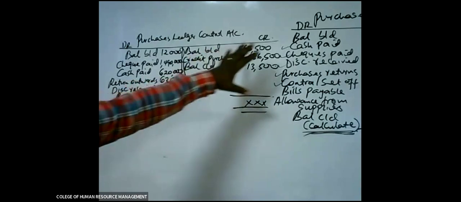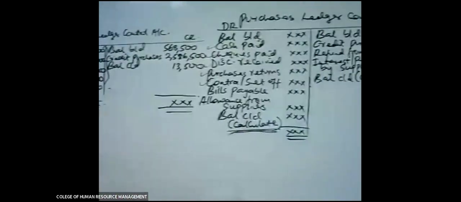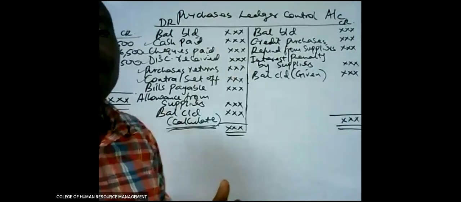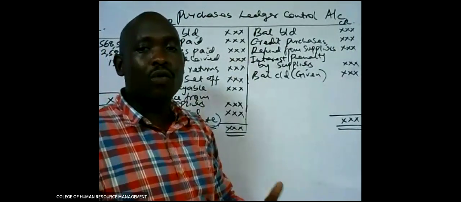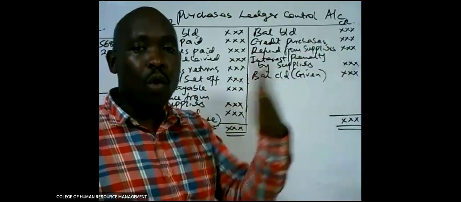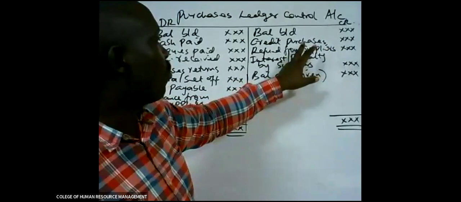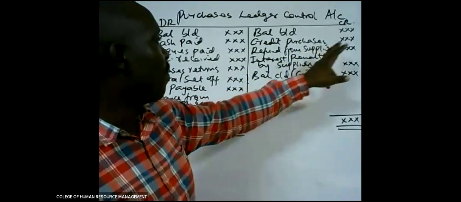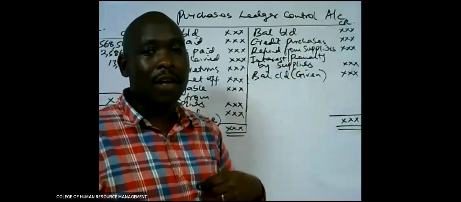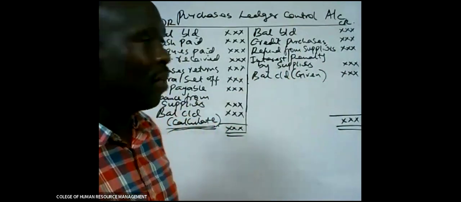Just know that for the purchases ledger control account, we only deal with issues to do with the suppliers. Suppliers are also your creditors. So what increases the amount that we owe them is credit. They are credit purchases, refund from suppliers, and interest or penalty that those suppliers have charged us because we delayed paying them.